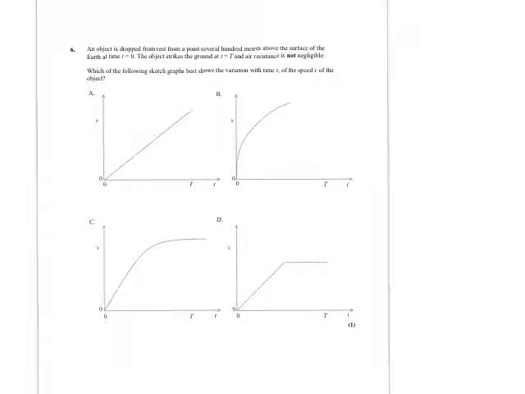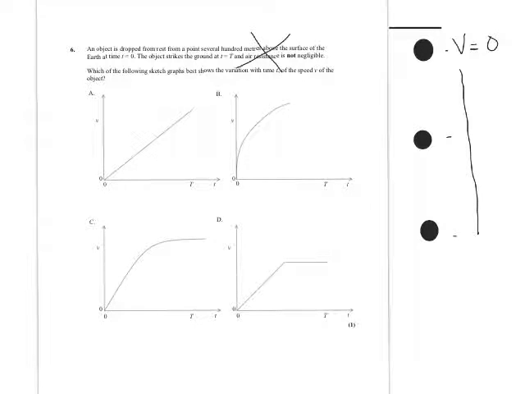So as a ball falls, I'll just sketch out 3 stages in the journey for you. The first one would be just at that point where it's released, and the velocity is 0. Now what should happen if there was no air resistance is that this ball would accelerate continuously until it hits the floor with an acceleration of 9.81.